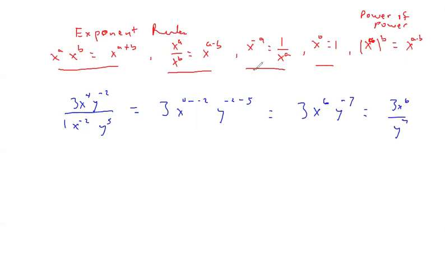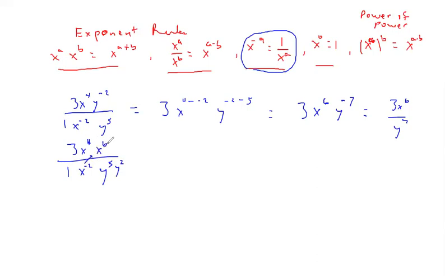Now, by starting with this rule, I could have gone like this, and I could have said, well, this y to the negative 2 really belongs down here, doesn't it? So I go x to the negative 2nd, y to the 5th, y squared. And at the same time, if the negative 2 moves the y down to make it a y squared, well, then this must be going up.